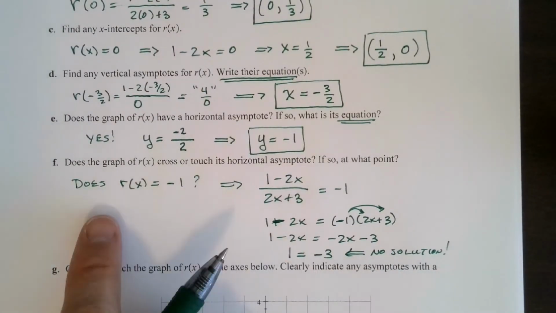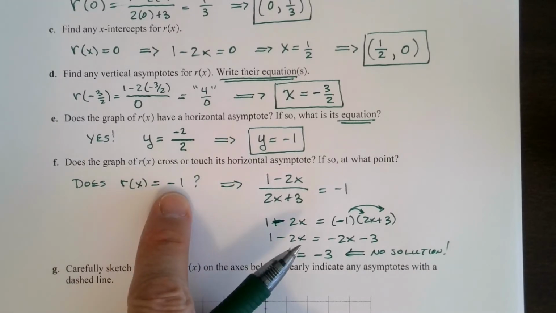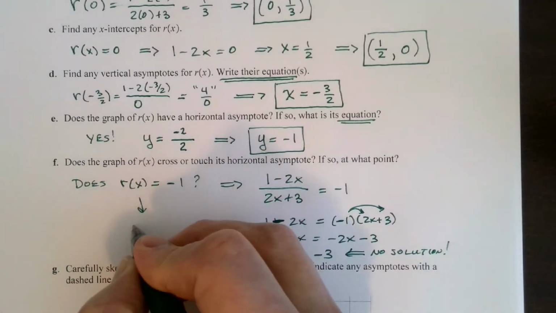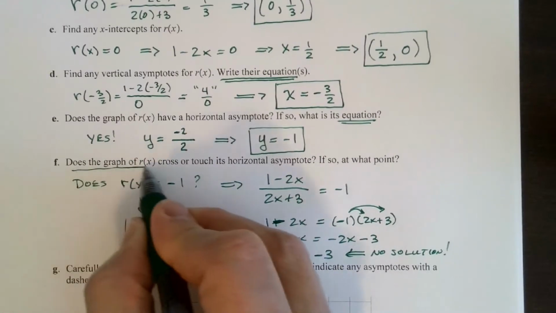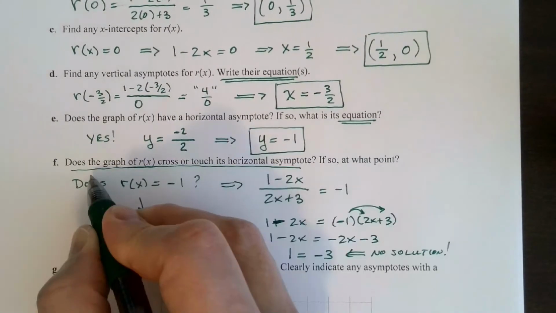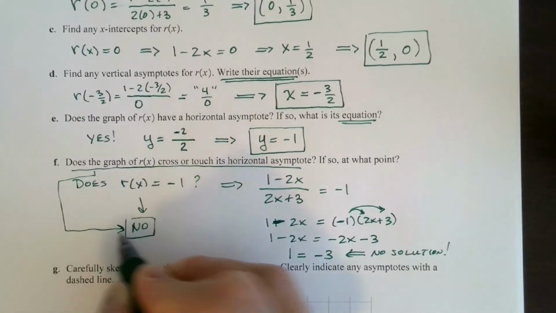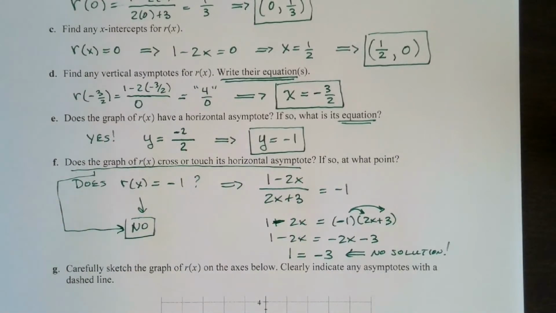So what does that mean? Does r of x equal negative 1? No. And so, does the graph of r of x cross or touch its horizontal asymptote? No. So in this case, we don't. Okay.